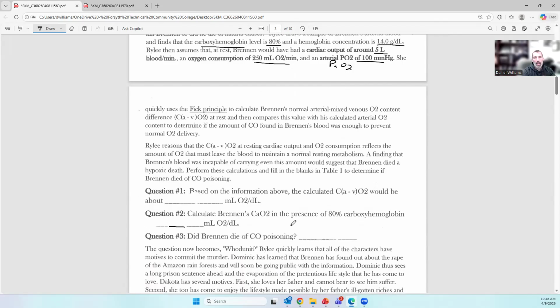When we look at the next part of this, it says that she quickly utilizes the Fick principle to calculate Brennan's normal arterial mixed venous oxygen content difference, or the C(a-v)O2. This is where you're going to have to pay attention because as we've gone over everything in class, we've talked about how to calculate, and I even told you that you would have to calculate the CaO2 and the CvO2, and then from that you could subtract the two values from each other and come up with your arteriovenous content difference.